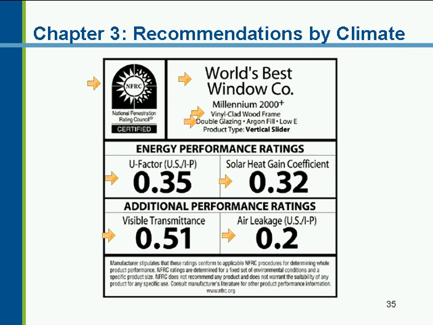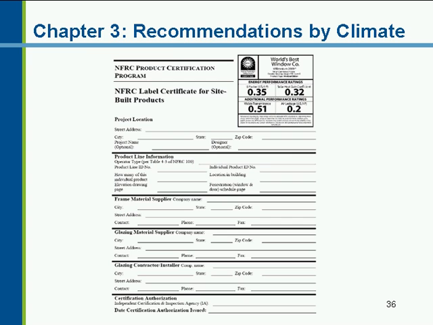But it's very easy to find visible transmittance that is 1.25 or 1.5 times the solar heat gain coefficient, and there are products out there that are even 2 or 2.5 times. So you might find a solar heat gain coefficient of 0.3, but a visible transmittance of 0.6. So you can get a lot of light with very little heat. That's an important factor when you think about daylighting.